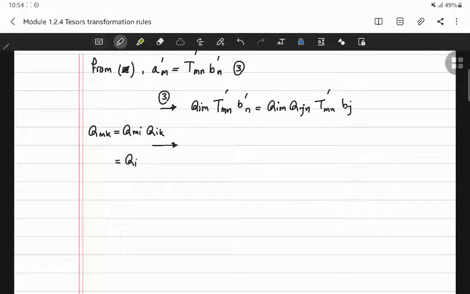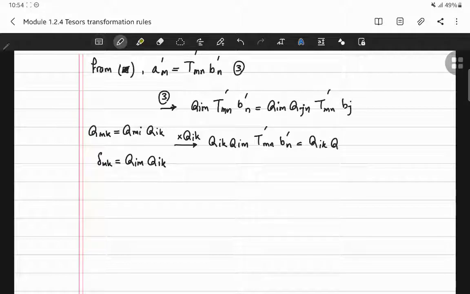So this is Q_im, Q_ik. This is what I have here. And what is this? This is the transpose of this Q, and this is an orthogonal tensor. So this gives delta mk. So if I multiply both sides by Q_ik, I will have Q_ik Q_im T prime mn B prime n is equal to Q_ik Q_im Q_jn T prime mn B_j.